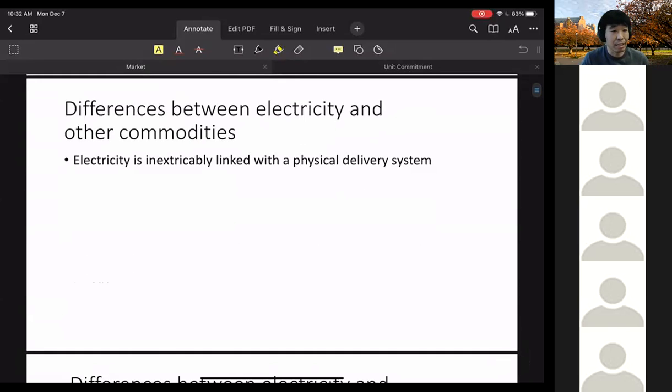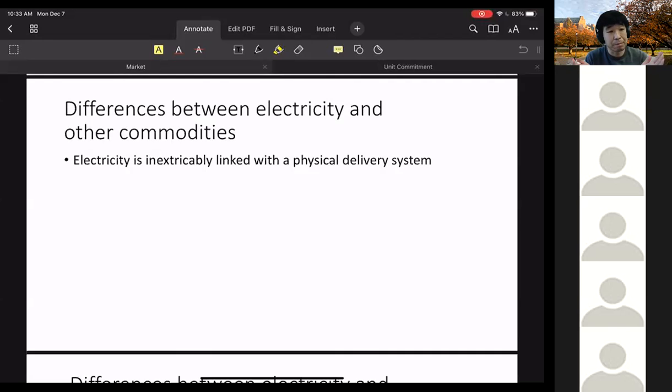For other commodities, let's say you're buying food, or computers or cell phones, the physical delivery of the thing and the financial transactions are often not very coupled, right?